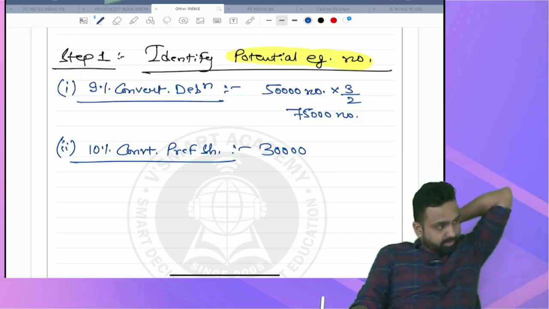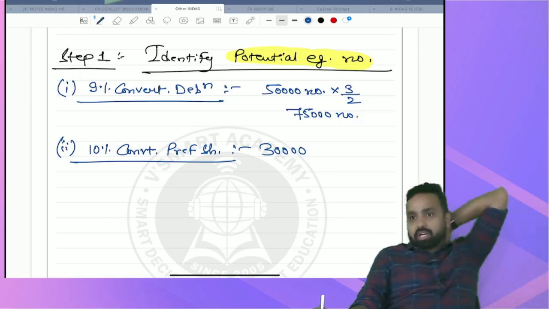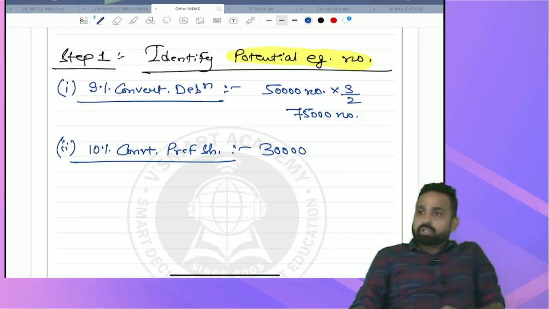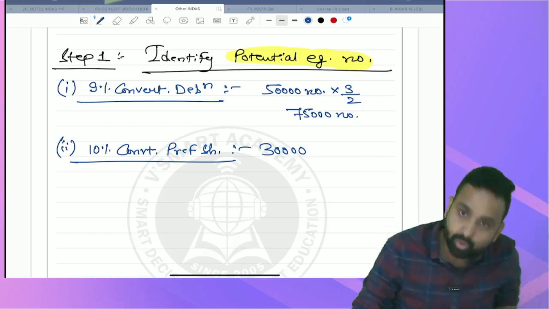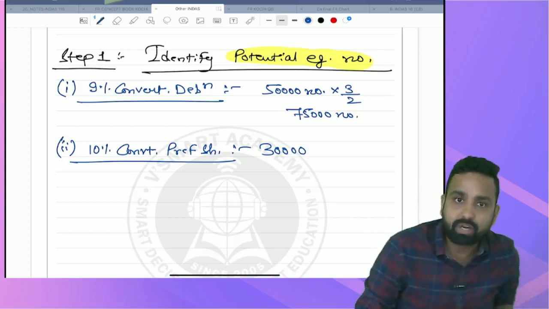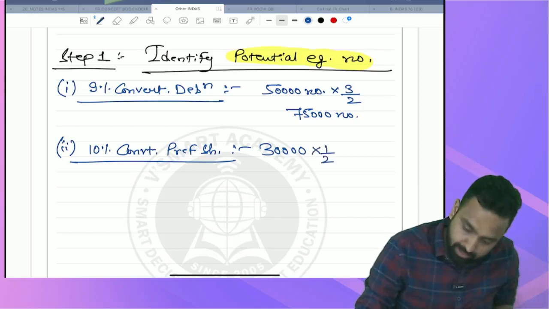The conversion is one for every two, into 1 by 2, that is 15,000 number.